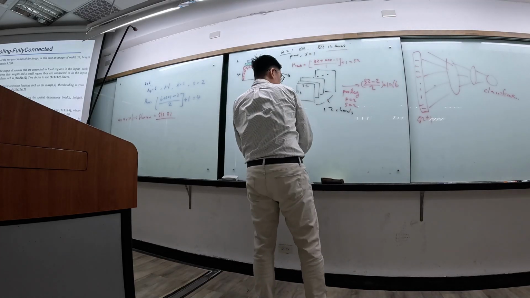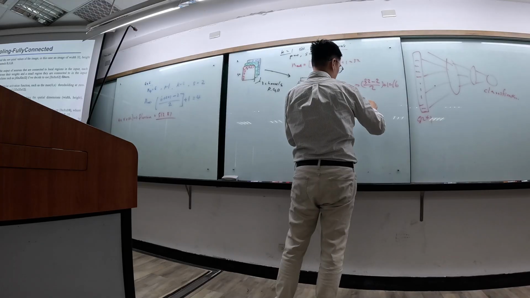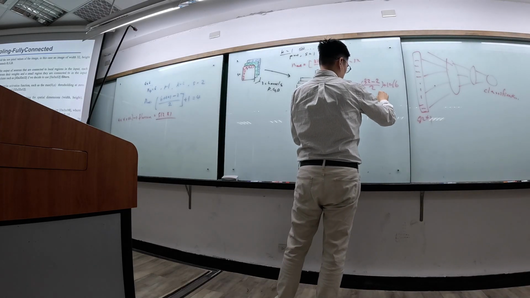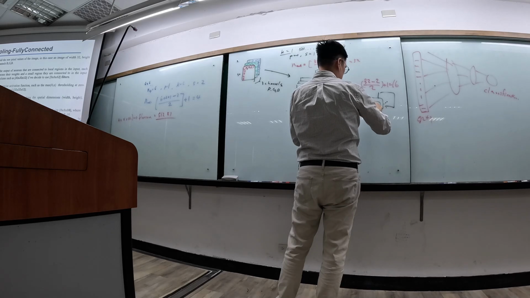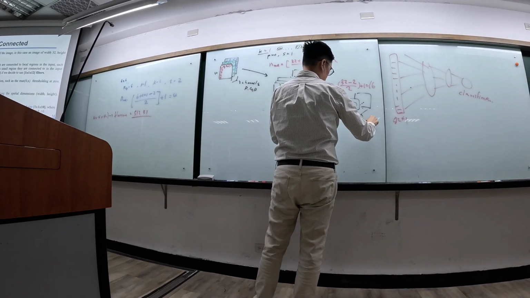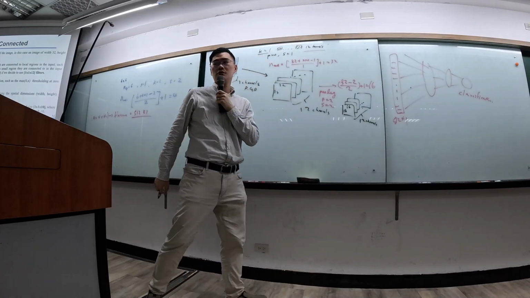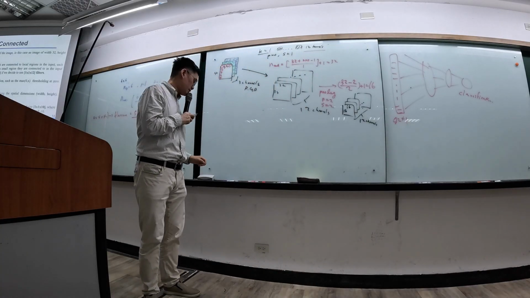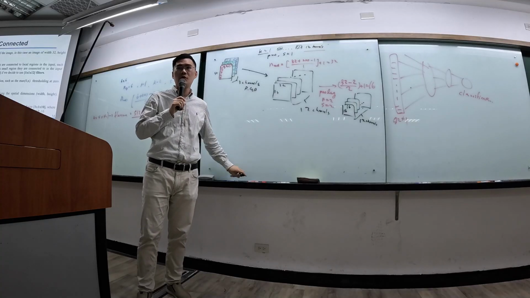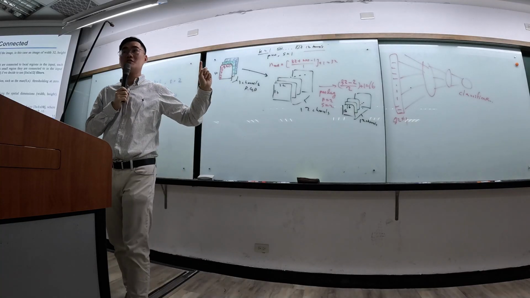So it means that they will become 16 by 16, and again you have 12 channels. Okay? So it becomes 16 by 16 by 12. Remember, this is just one image.